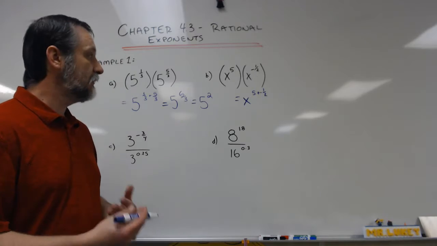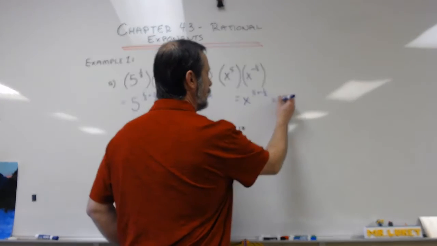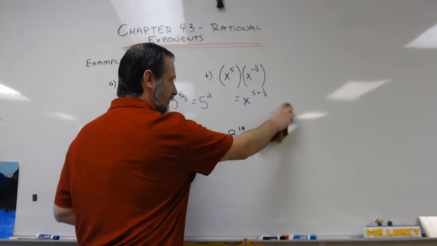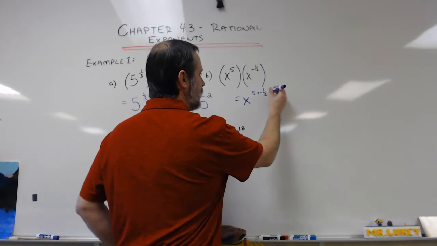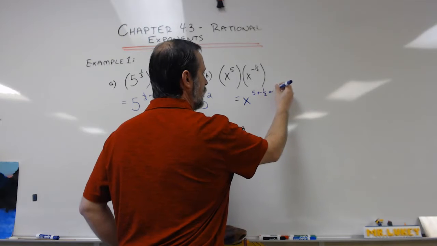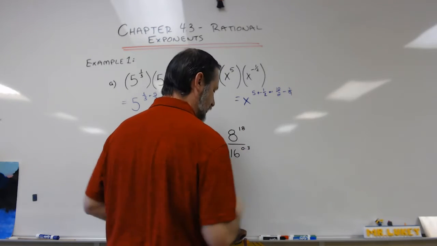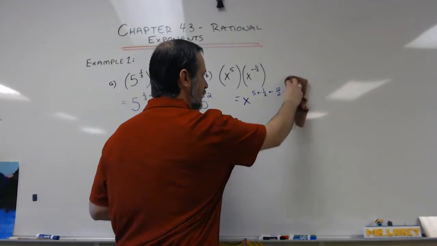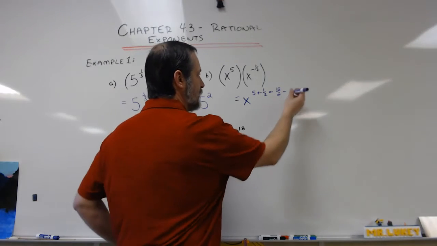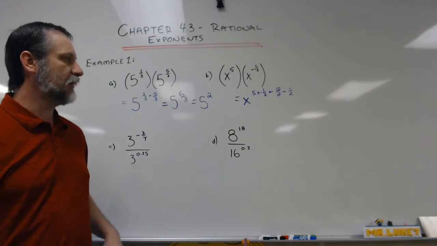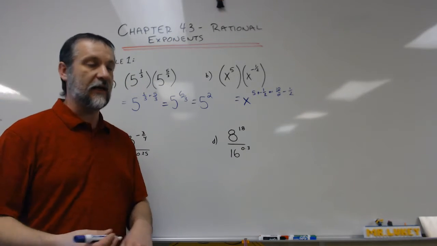We're going to just focus on the power, not the entire thing here. So this is going to be equal to 10/2 minus 1/2. So then 10/2 minus 1/2 is 9/2.